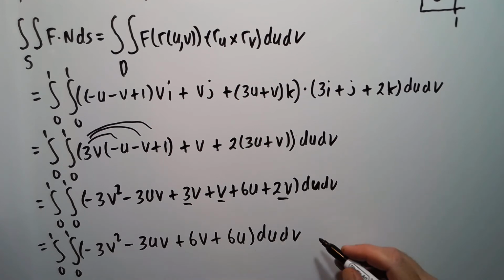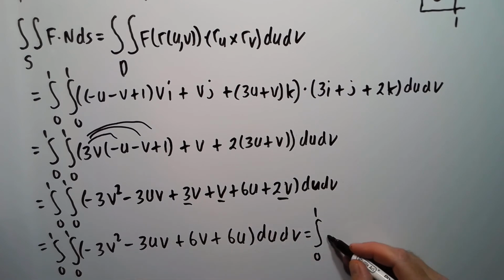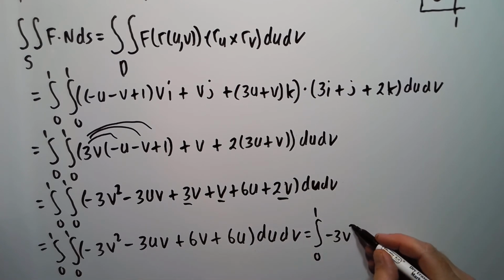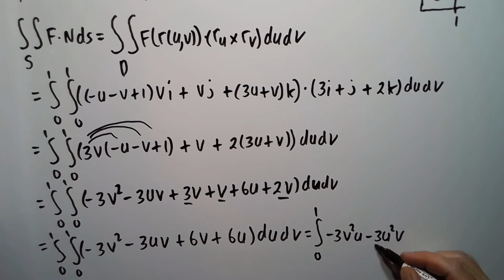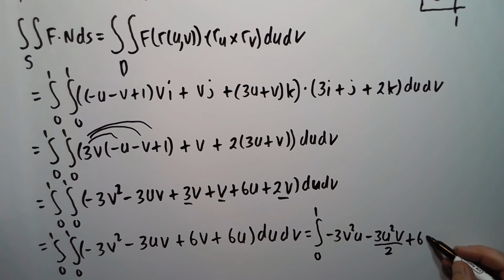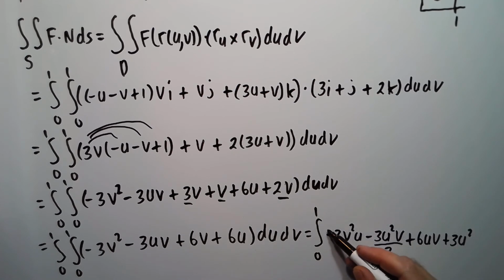So let's do that. It'll be the integral 0 to 1. The first one will be minus 3v squared u. Integrating this with respect to u will be minus 3u squared v over 2 plus 6uv plus 6u squared over 2, so it'll become 3u squared, evaluated at 0 and 1, then we'll do our dv.